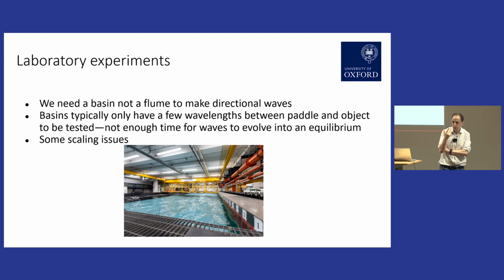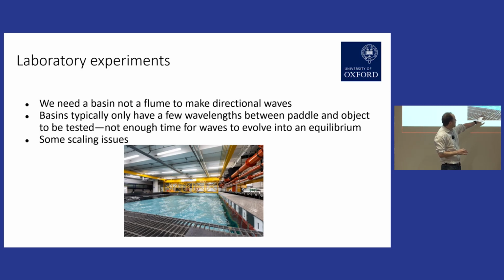But ideally you want a basin, because we don't want those issues with unidirectional waves that I spoke about earlier. So you do want to pay for a basin, but this size problem becomes a real issue, because this is the Imperial College Basin, which I think, although it's very small because it's in South Kensington, one of the most expensive places in the world. South Kensington's a bit of London.